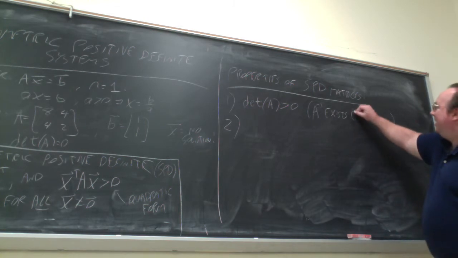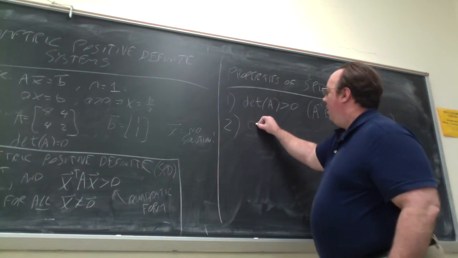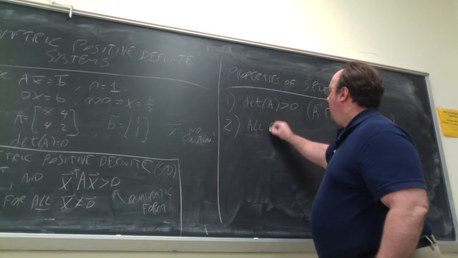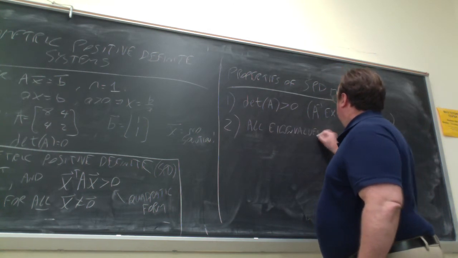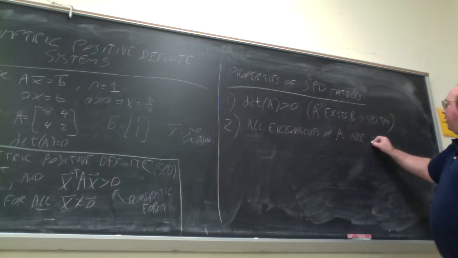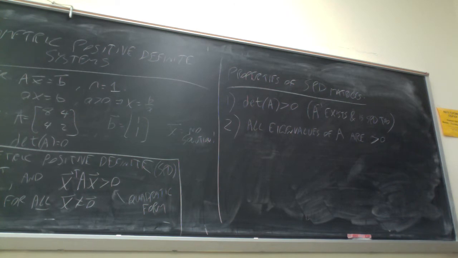Second, all eigenvalues of A are strictly positive, which is actually related to the first statement, because the determinant is a product of all the eigenvalues, so we would need that to be true.